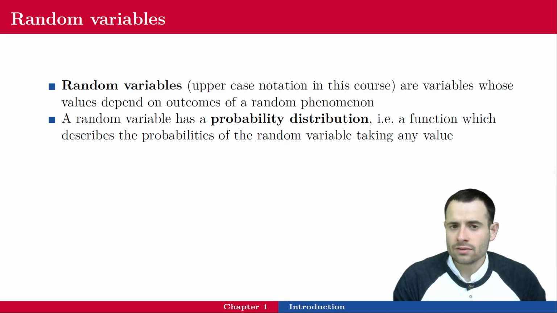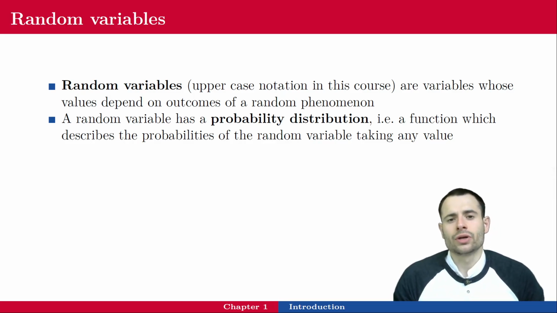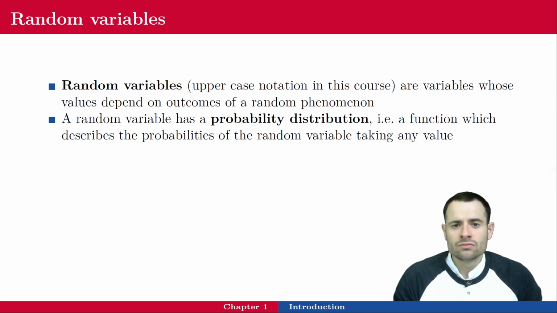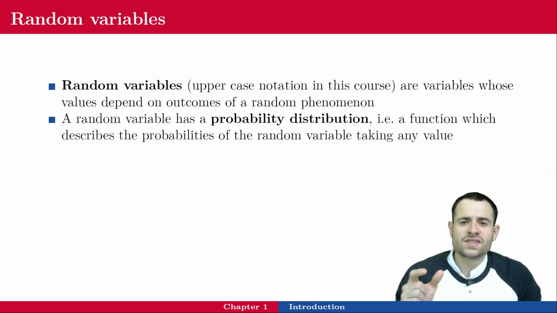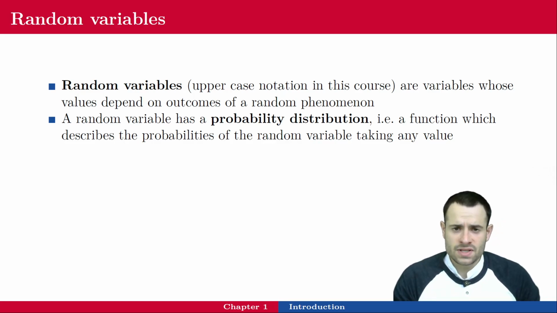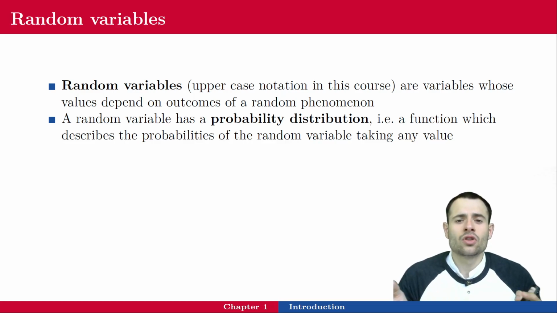A random variable then has a probability distribution. It can take some values, some outcomes, with a certain probability. So if I think about throwing one die, a 6-faced die, there is a probability of finding a 1, there is a probability of finding a 2, a 3, a 4, a 5, and a 6, but there is no probability of getting a 7 or a -1, simply because those faces do not exist on a 6-faced die.